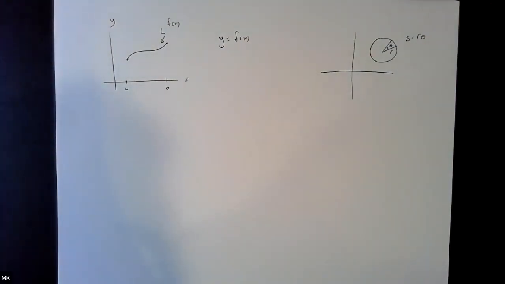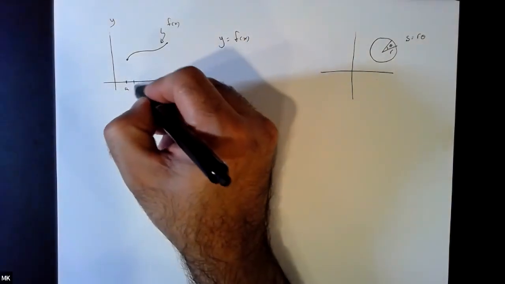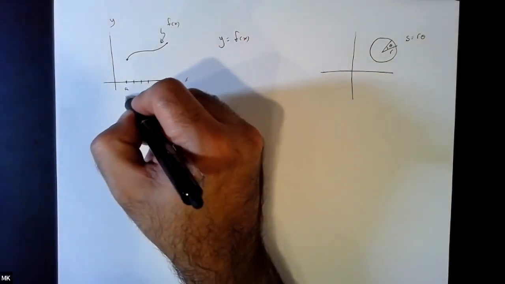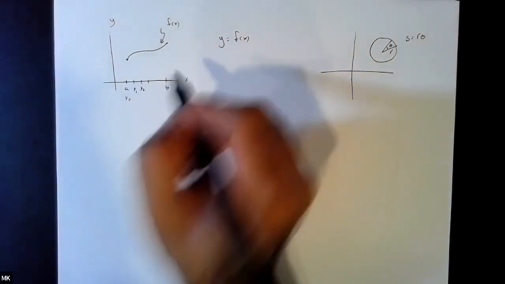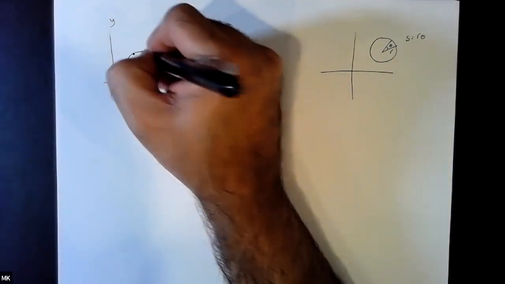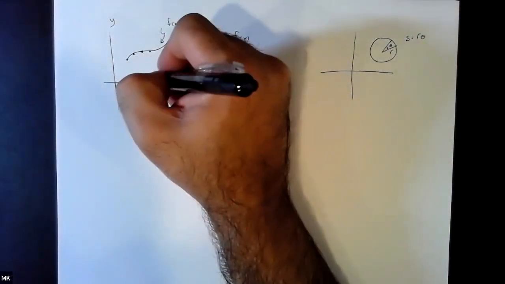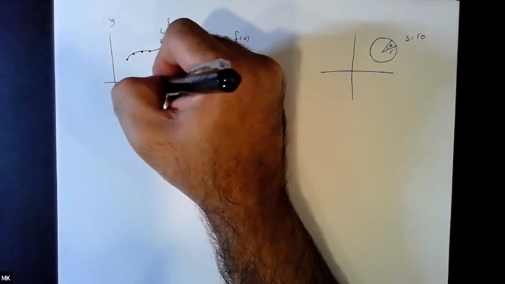Okay, so the way it works is basically the same thing you did before. You're still going to partition, and this will be x0, this will be x1, this will be x2, and so forth. And each of these x values would correspond to a point on the curve.